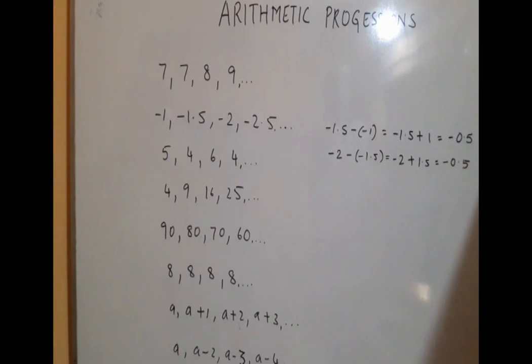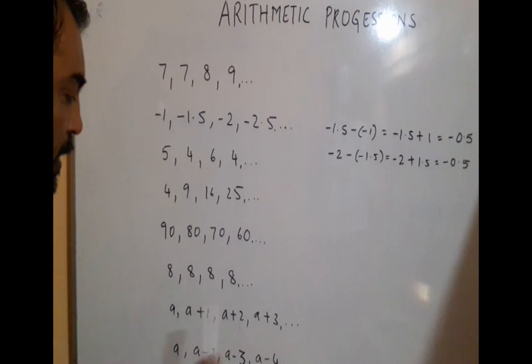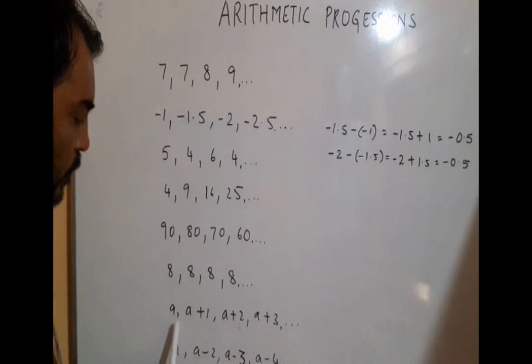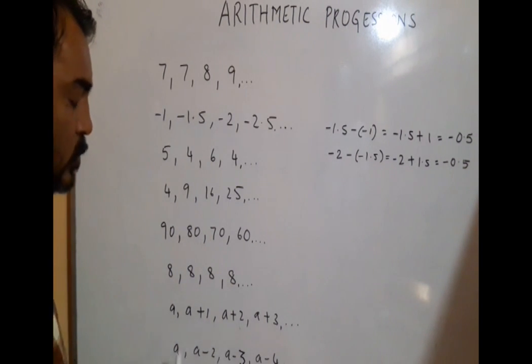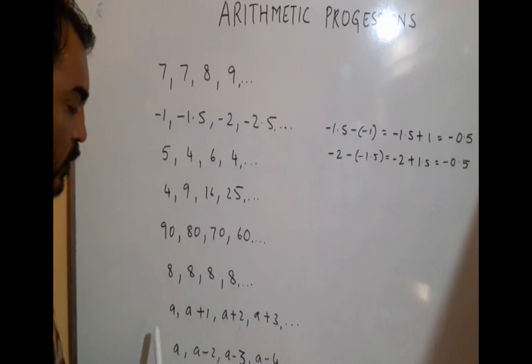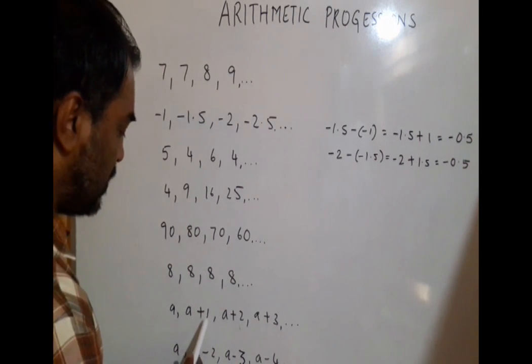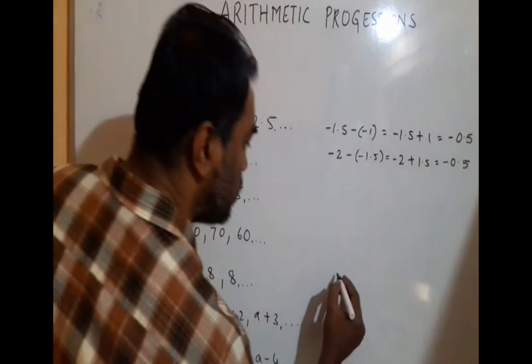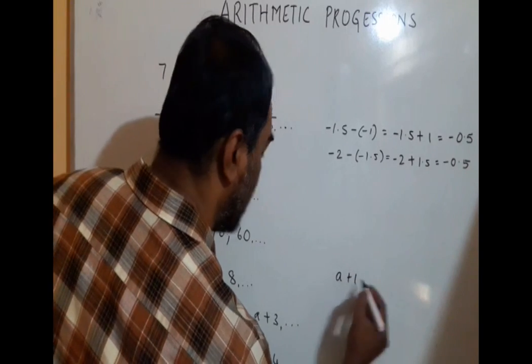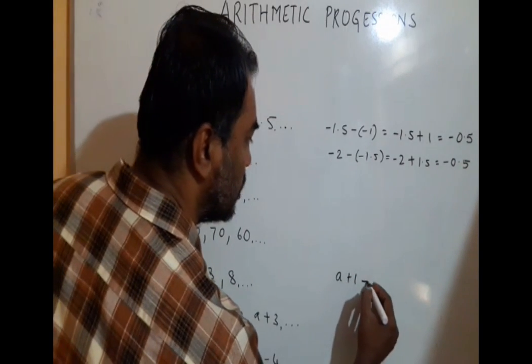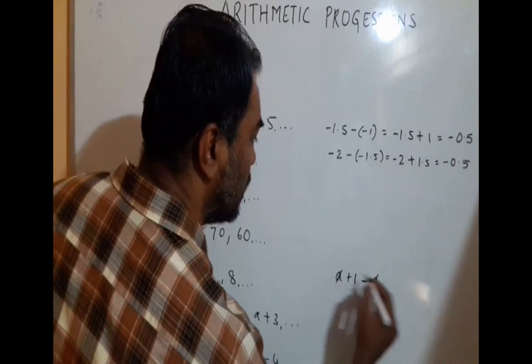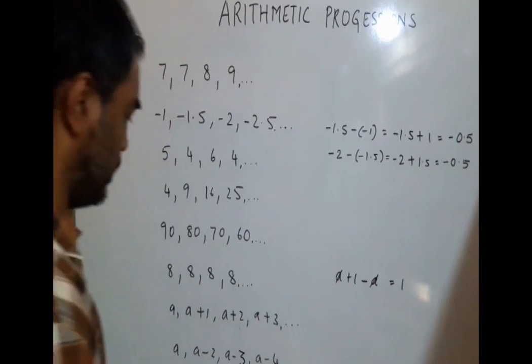Now we take one sequence which does not have numbers but has variables. We have a plus 1, a plus 2, a plus 3. We apply the same method to check whether it is an arithmetic sequence or not. We take the term a plus 1 and subtract the previous term a, so we get the common difference 1.